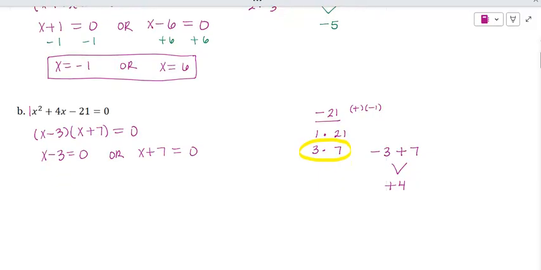For the one on the left, let's add 3 to both sides, so we get that x is equal to 3. Or we'll subtract 7 from both sides, or x is equal to -7.